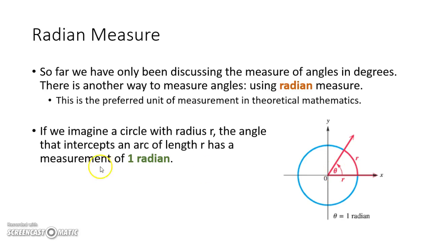I know that's kind of a hard concept to grasp, but that's essentially what a radian is, where the chord and the radius are the same length. And that would be 1 radian.